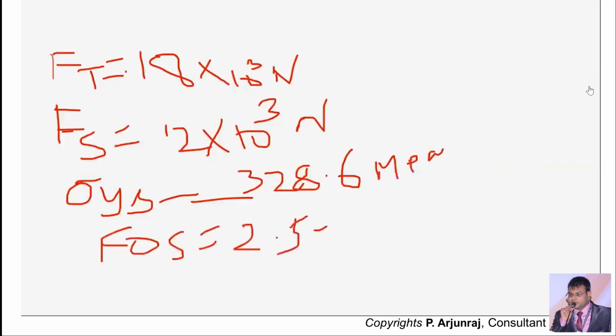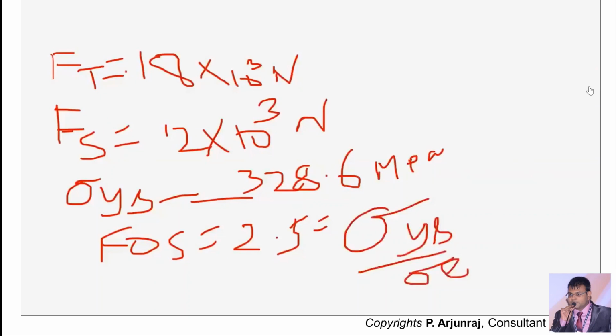And now using this you can also calculate the equivalent stress as well. It is nothing but sigma ys by sigma e. So 2.5 is sigma ys, already 328.6, divided by sigma e.